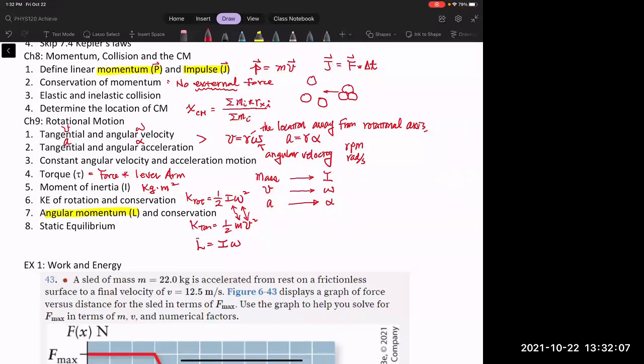And the linear momentum, P, has the equation m times v. Omega and v are both vectors, and I is equivalent to the mass. That's why we write the equations side by side, just so you know that they are very similar.